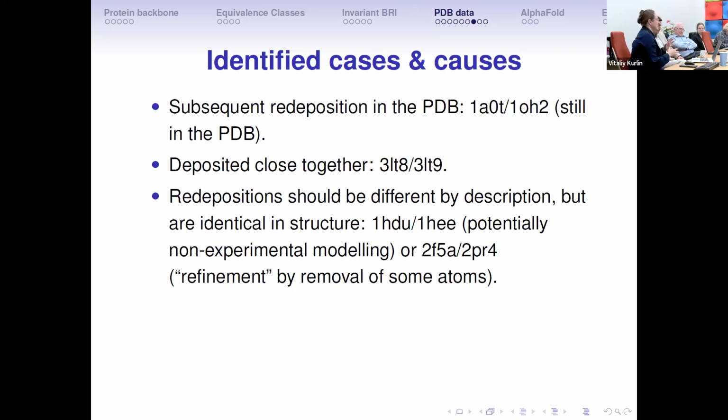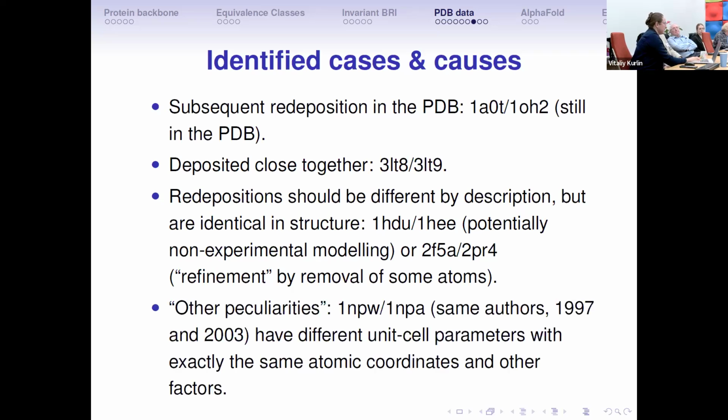Or sometimes the structures were quite clearly refined by removing some atoms that did not fit well with other measurements, for example the R factor. So the new structure has better parameters, but probably that's not exactly how it should happen. And then quite a substantial part were the beautifully named other peculiarities.